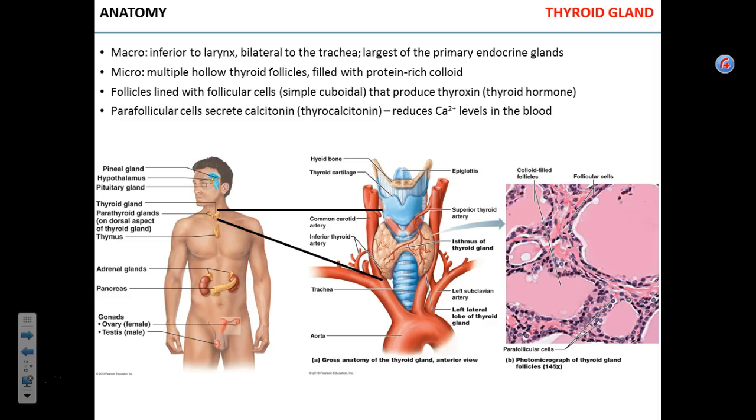It's bilateral, which means it has two lobes, right and left, that are connected by the structure called the isthmus. Isthmus, from Greek, means neck. Okay? It's the largest primary endocrine gland.